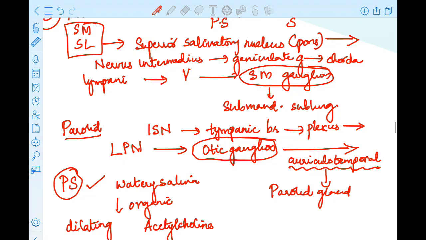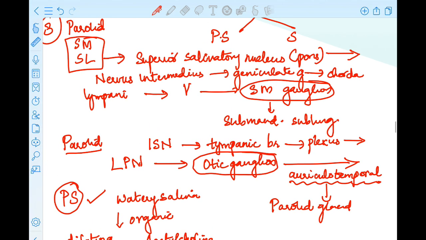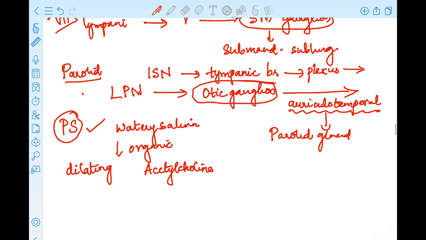When it comes to the submandibular and sublingual, the impulses arise from the superior salivatory nucleus, which is within the pons. Then it travels via the nervus intermedius. Understand that this entire pathway is guided by the facial nerve in the case of submandibular and sublingual, and in the case of the parotid gland, it is by the glossopharyngeal nerve, which is the ninth cranial nerve.